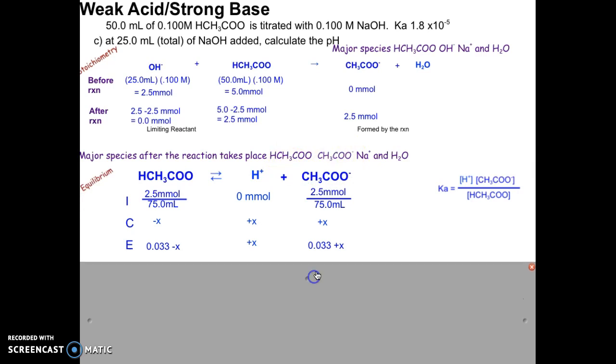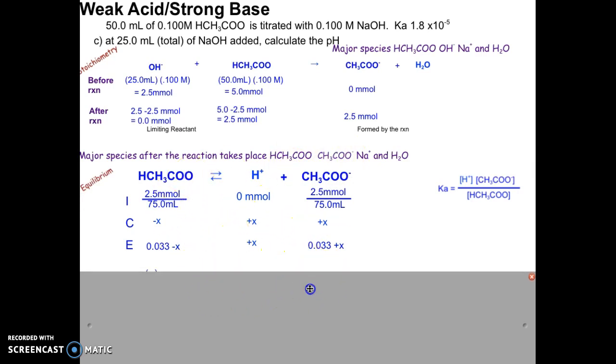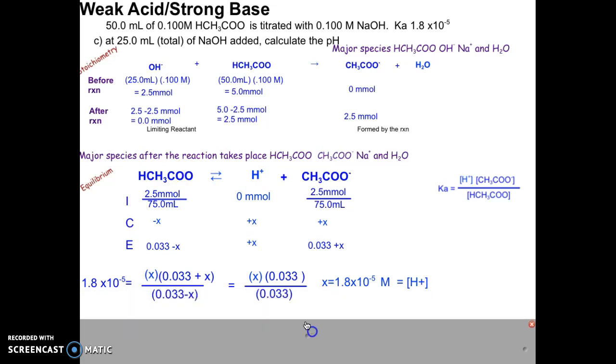But what's interesting here when we plug in this information is that we get equal concentrations, if you'll notice, because you have 2.5 millimoles of the acid and 2.5 millimoles of the conjugate base, the acetate ion. When we actually do the concentrations, you can see through this work that it's 0.033.